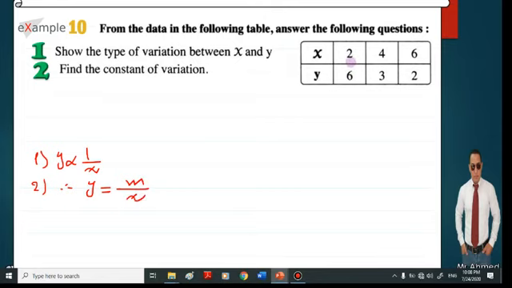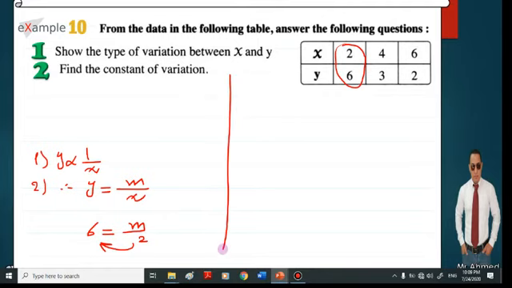By choosing 2 and 6, for example, by putting 6 in place of y, 6 equals m over 2. I will send 2 there. Therefore m equals 6 times 2 equals 12, and this is the constant of variation.